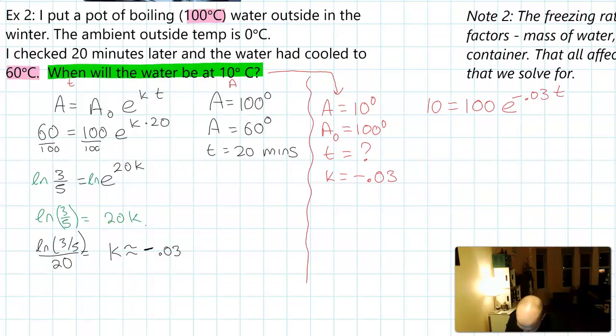So we can divide by 100 and get 0.1 equals e to the negative 0.03 t. Take the natural log of both sides, so we get natural log of 0.1 equals negative 0.03 t. And we can do natural log of 0.1 divided by negative 0.03 should give us the t value.